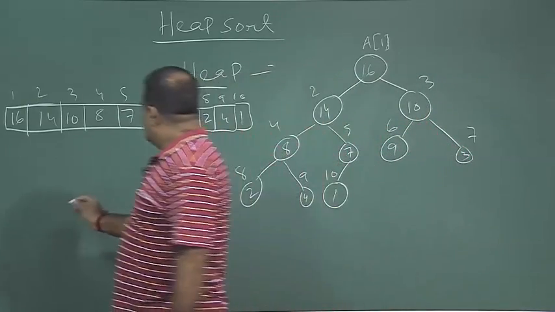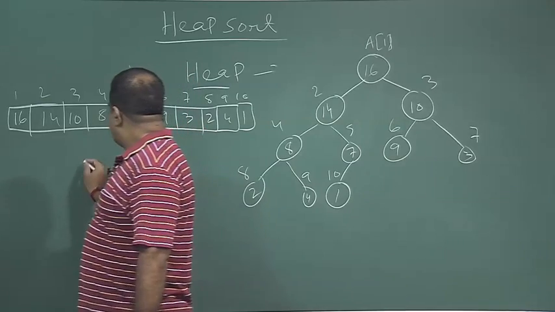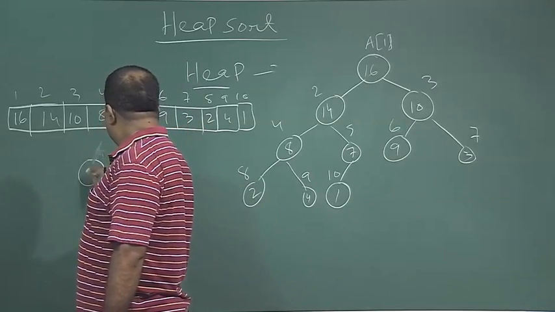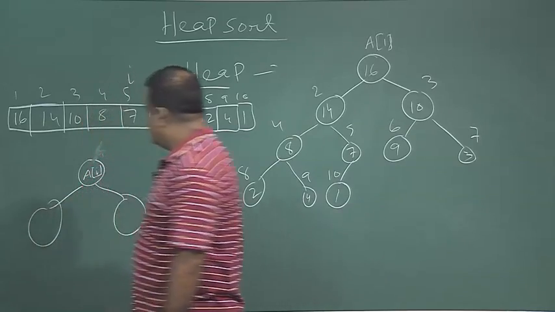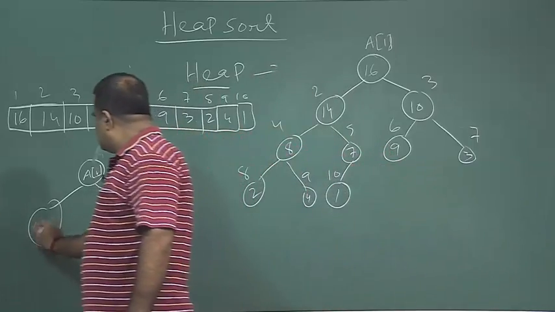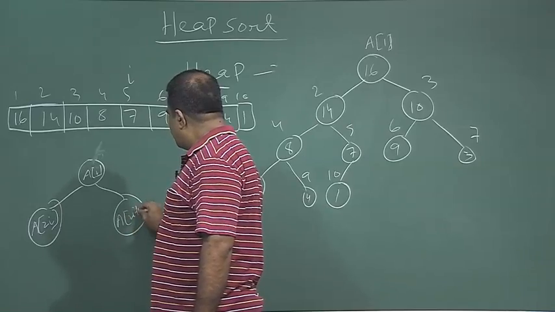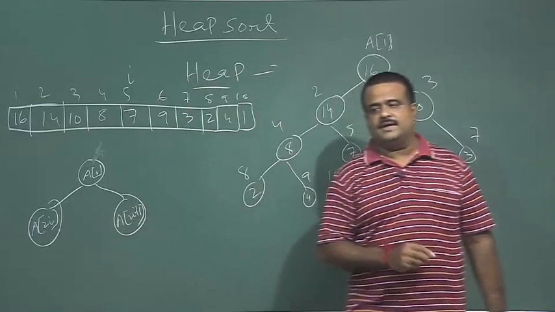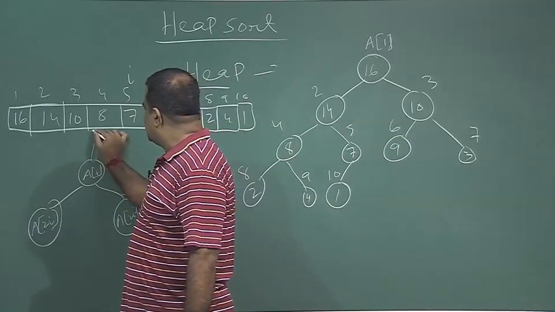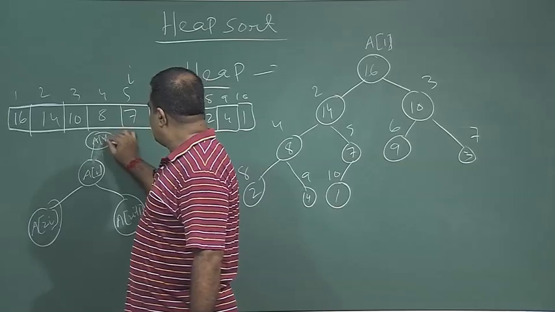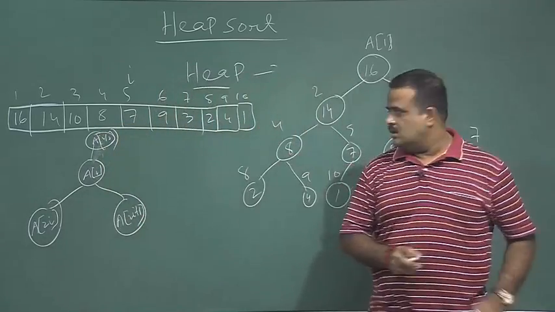So that means, if this is Ai, what is the left child of Ai? It is basically A2i, and A2i plus 1 is the right child of Ai. And what is the parent of Ai? It is basically A of i by 2, I mean the ceiling, the integer part of this.